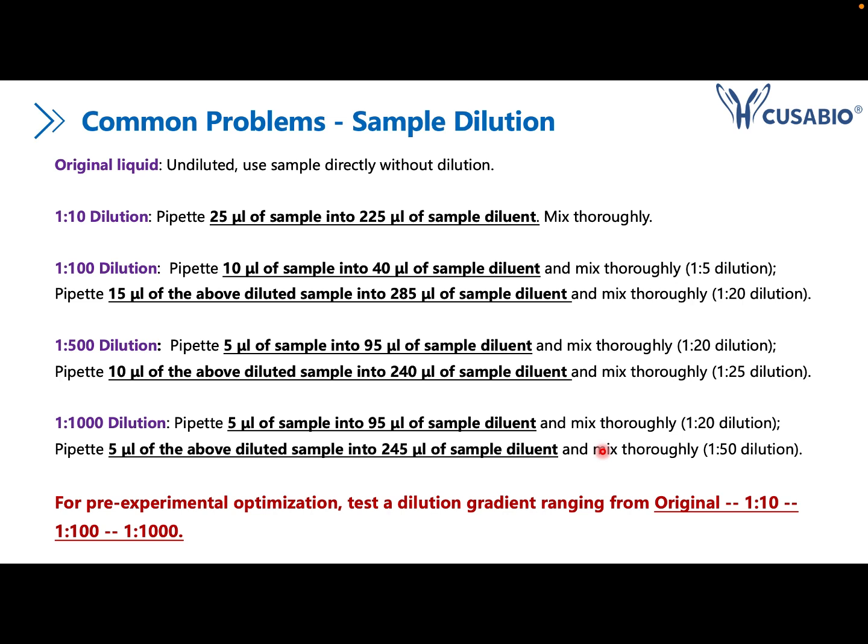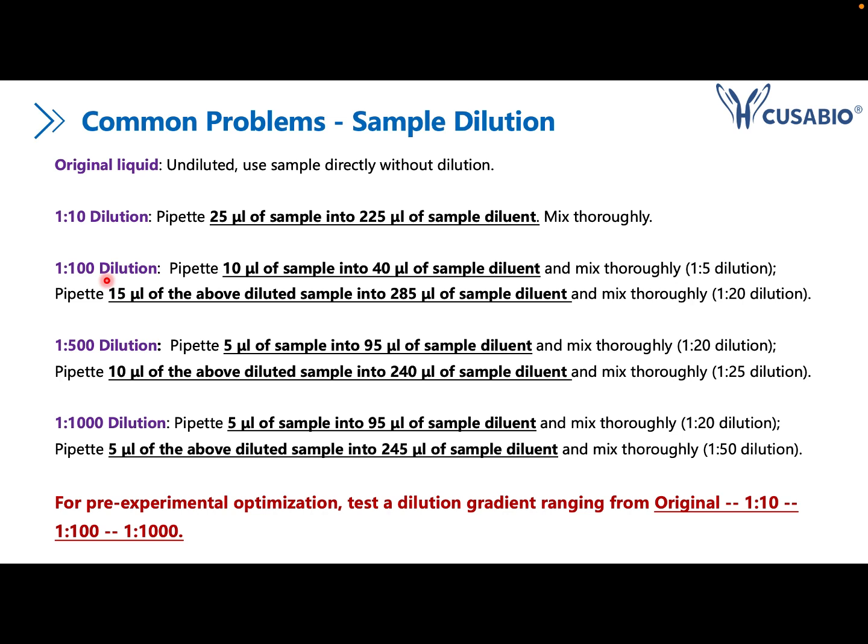In this case, we need to make a dilution. So here, we give you a good suggestion about how you can do the dilution. For example, for the 1-to-10 dilution, we commonly pipette 25 microliters of the sample into 225 microliters of the sample diluent. Then you can mix it and use the diluted sample for testing.